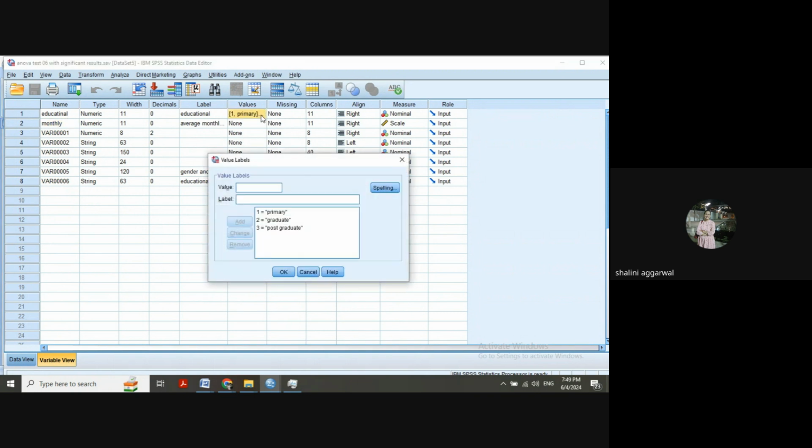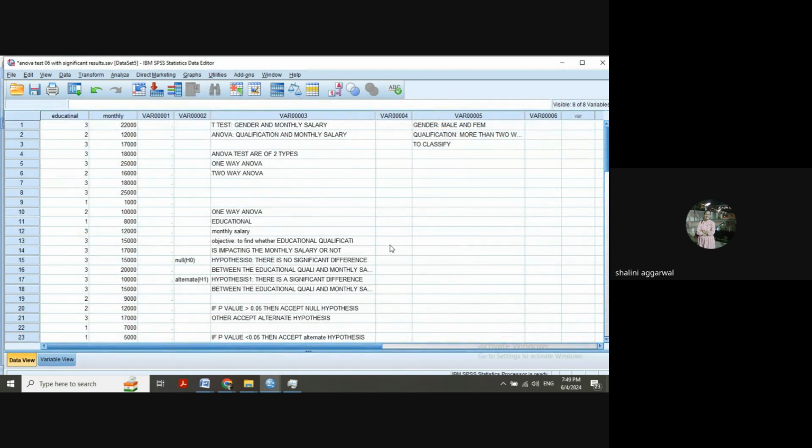So education में you can see I have divided them into three parts: primary, graduate, and postgraduate. Right. And like the t-test, I have written everything over here as well. Look at this. Objective is to find out whether the educational qualification is impacting the monthly salary or not. Hypothesis, null hypothesis, alternate, p-value, everything is written here, and I'll share this file again with you.